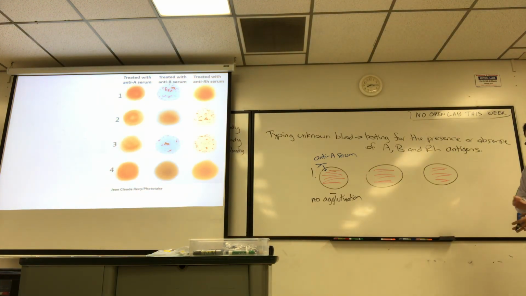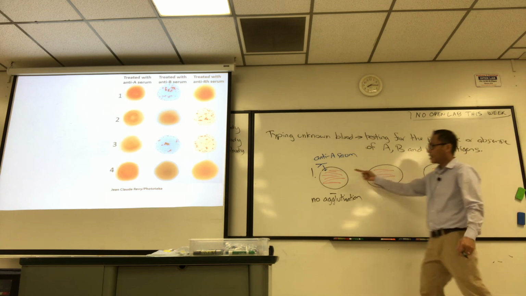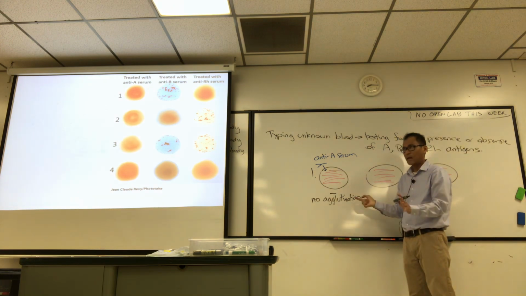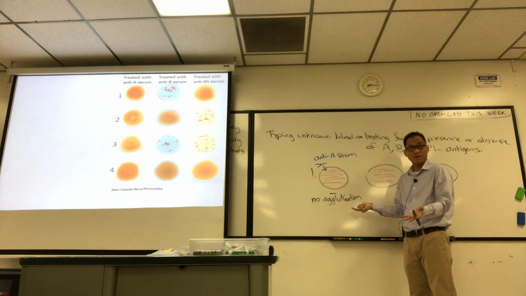If this were the oral quiz, and I said, interpret that result, how would you phrase it? There are different ways to say it. Just say A antigen is absent. You added the antibody against A, and nothing happened. That means A antigen is absent. So they're not type A.